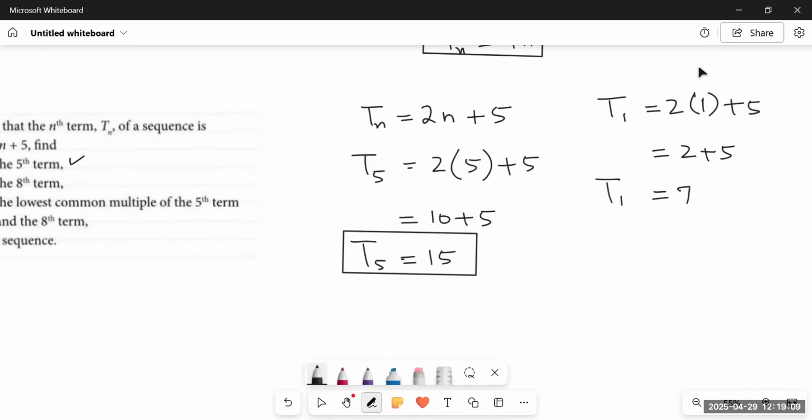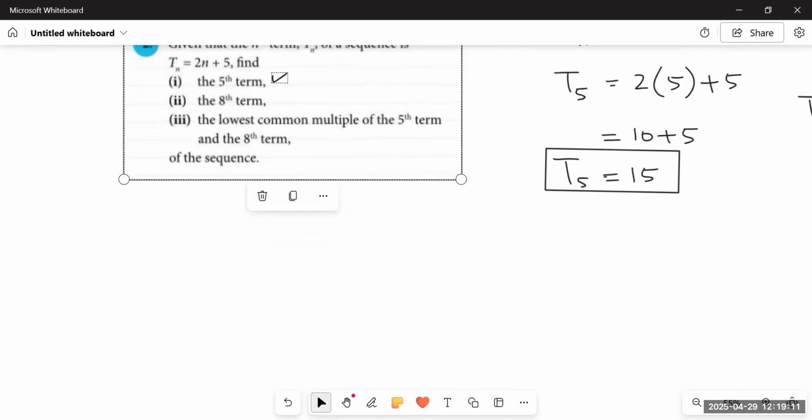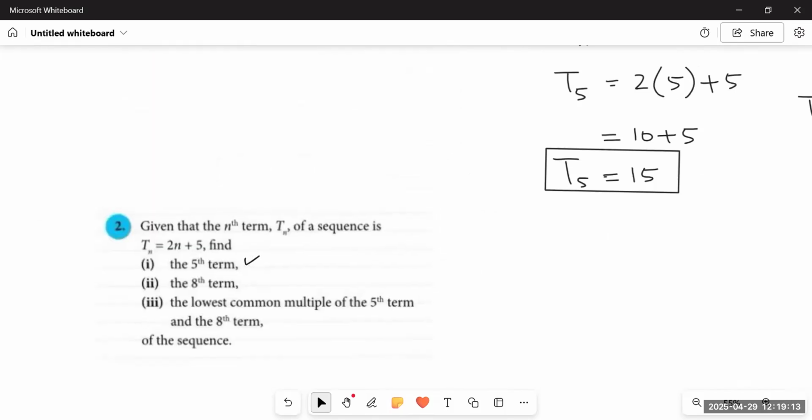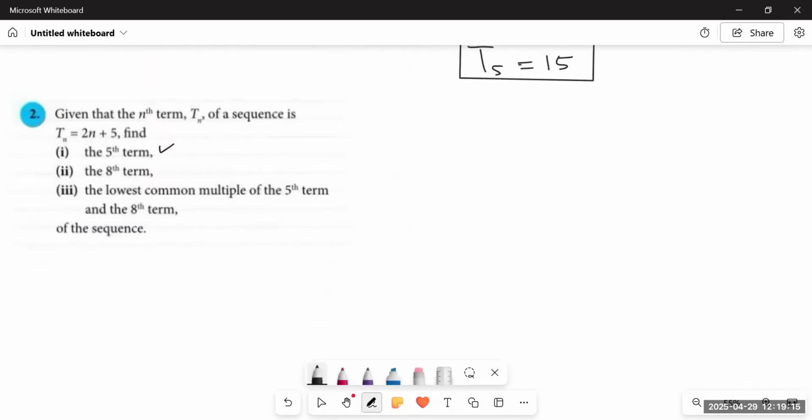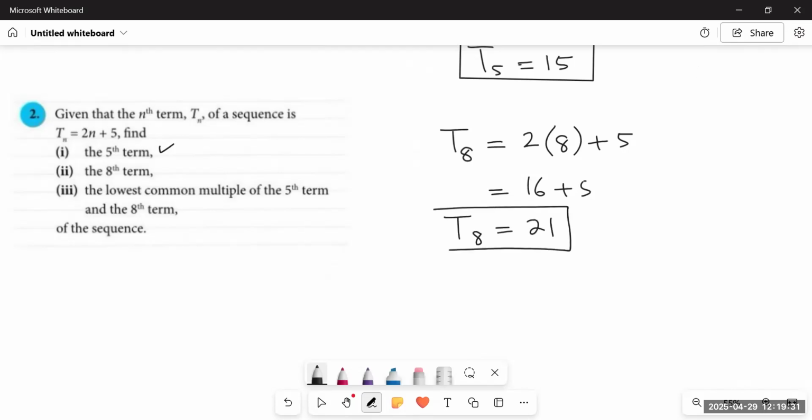You see? Now, using the same formula, we are going to find out the 8th term. It would be T8 is equal to 2 bracket 8 plus 5. 2 8s are 16 plus 5 is equal to 21. It means the 8th term would be 21 in this particular sequence, where the 5th term would be 15 and the first term would be 7.